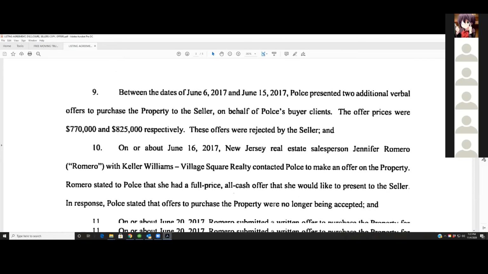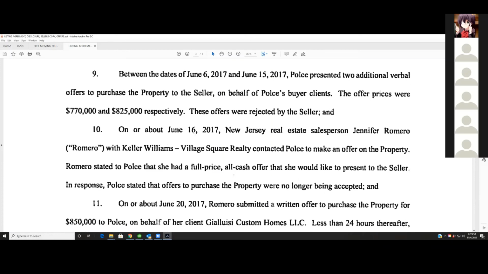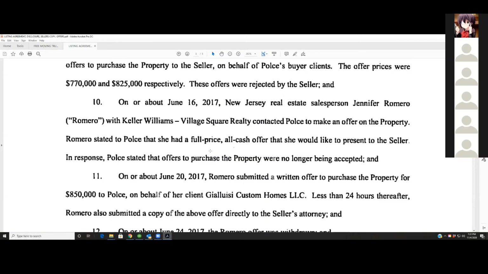These offers were rejected by the seller, and on or before June 16, 2017, another agent, Jennifer Romero, with Keller Williams Village Square, made an offer, and Romero stated that she had a full price offer.